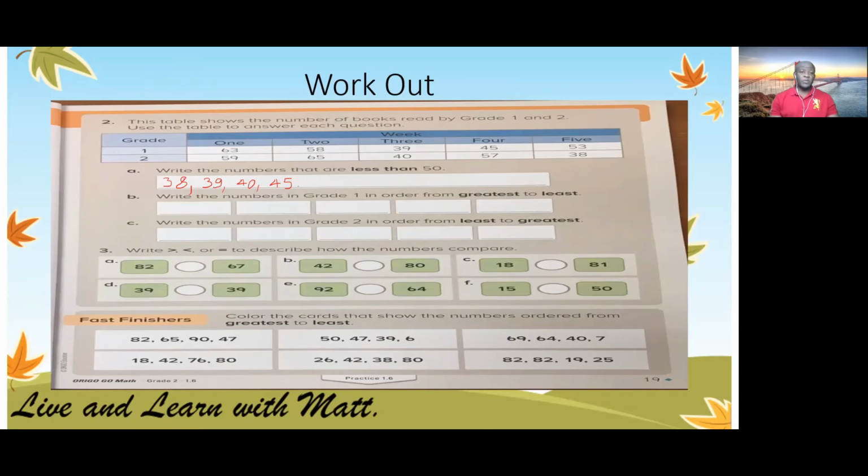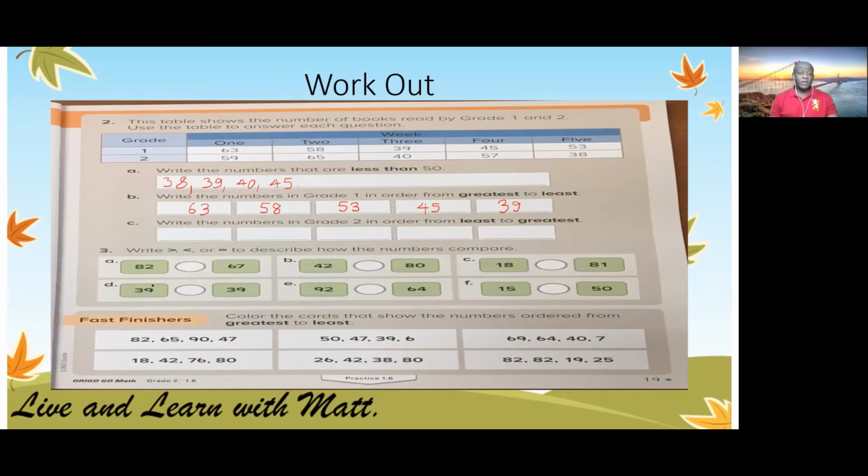Part B, write the numbers in grade 1 in order from greatest to least. So we'll compare the tens first for grade 1 only. All right, there you go. We have 63, 58, 53, 45, 39, from the greatest to the least.